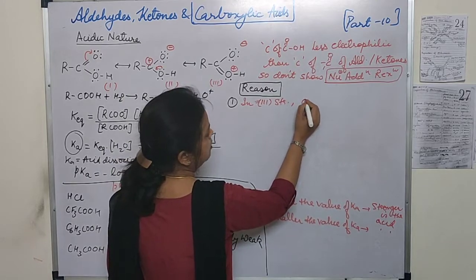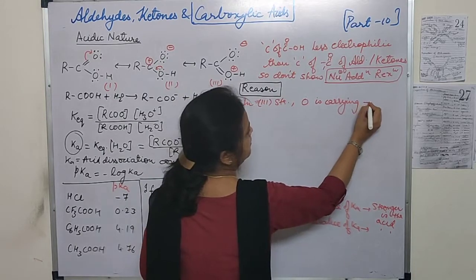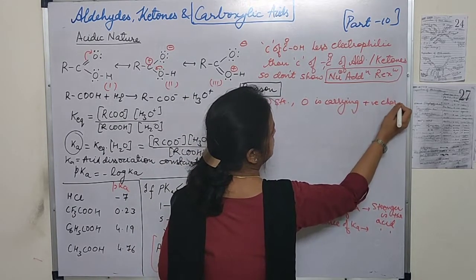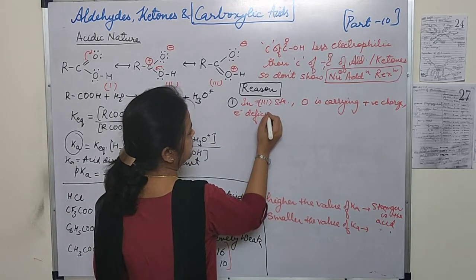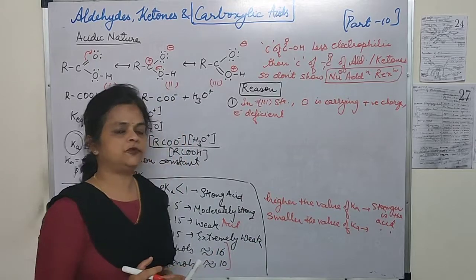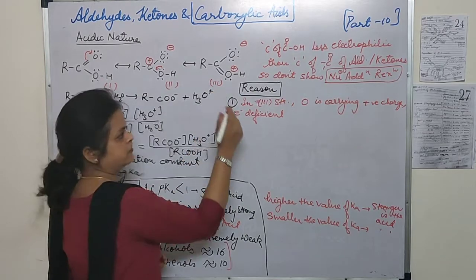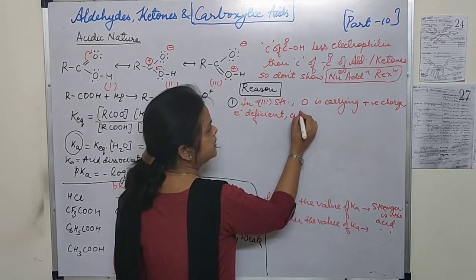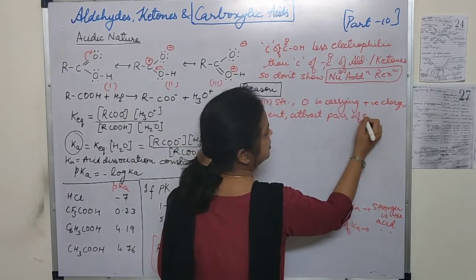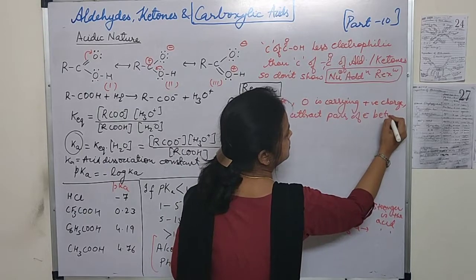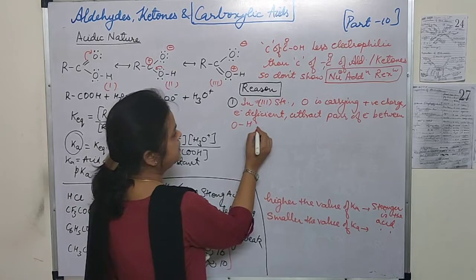So we can write: oxygen is carrying positive charge, electron deficient. If it is electron deficient, what will it do? It will try to attract the pair of electrons between O and H.